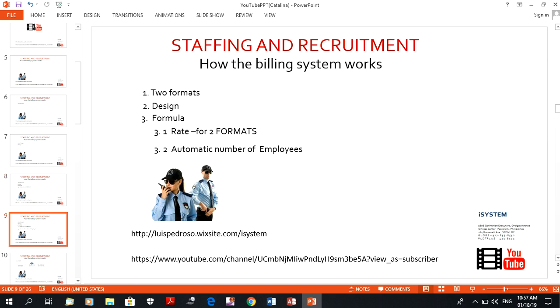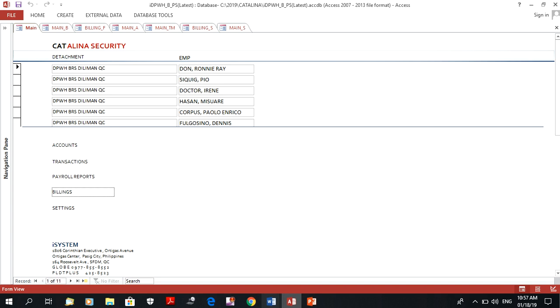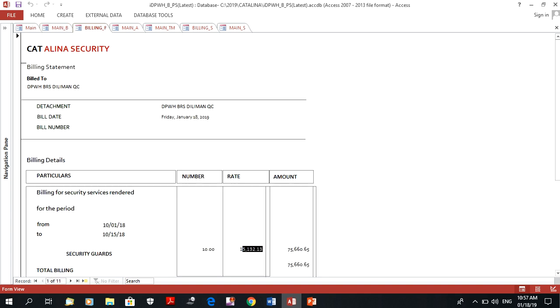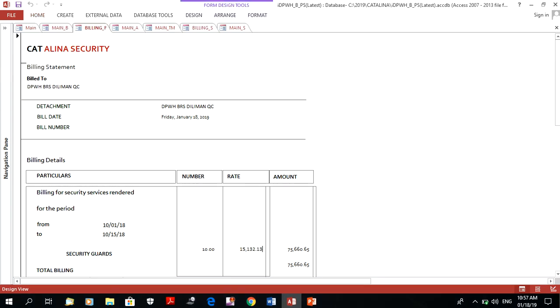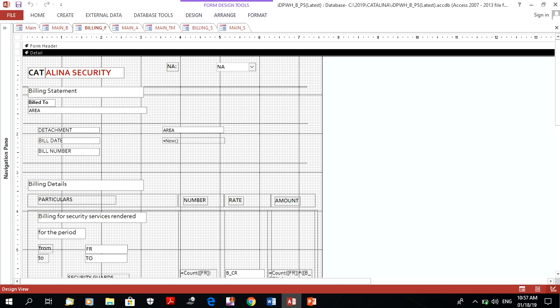Now the next topic is the automatic number of employees. We have gone through it. The automatic number of employees is picked up by this command. This is the command that you use. We call this the count FR field.